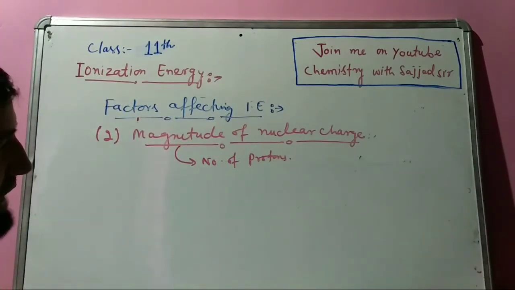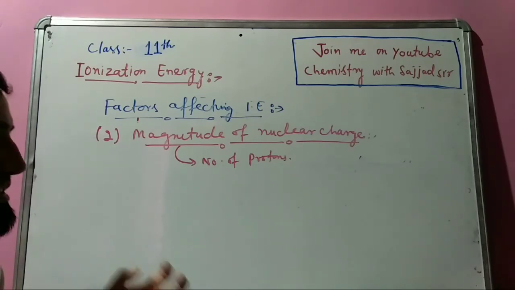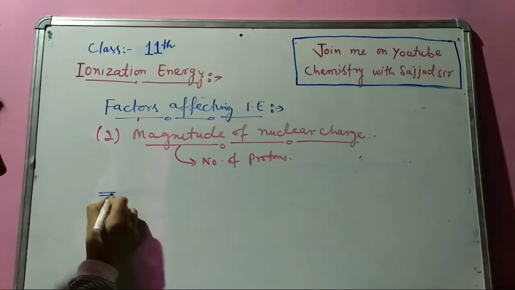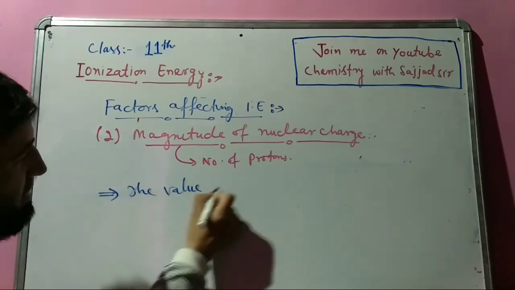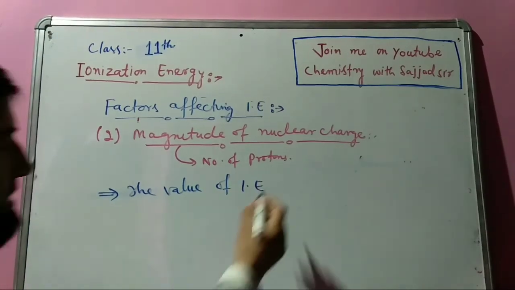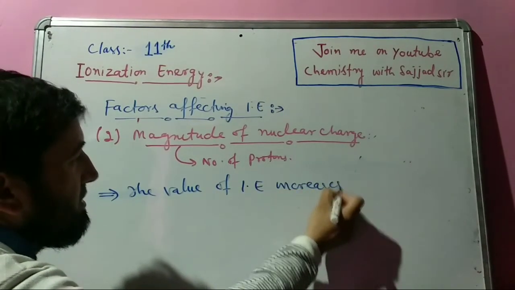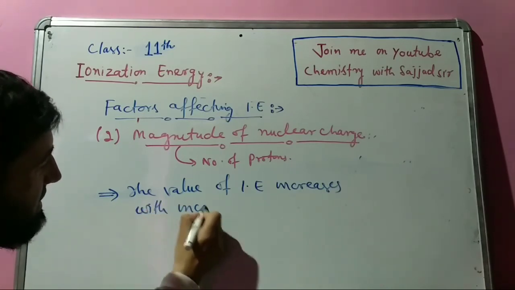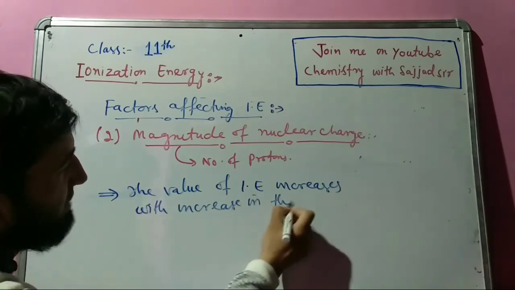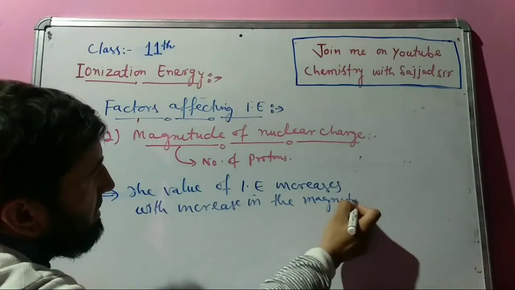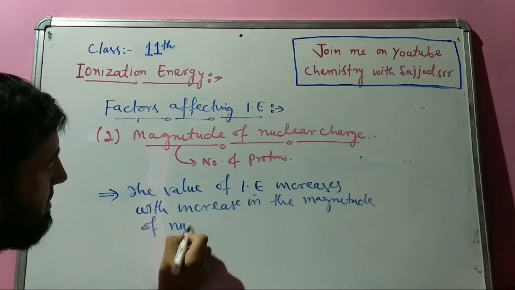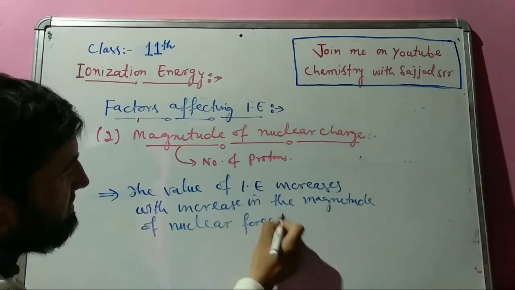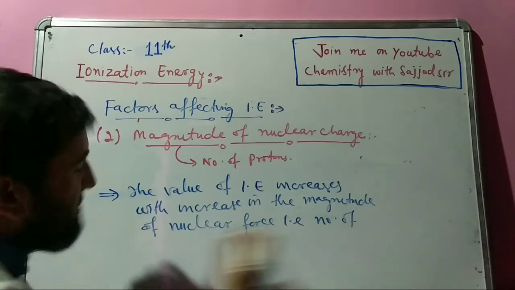So more the number of protons, more will be the nuclear charge, and hence more will be the nuclear force. And when the magnitude of nuclear force is more, more will be the value of ionization energy required. So we can say that the value of ionization energy increases with increase in the magnitude of nuclear force, that is number of protons.